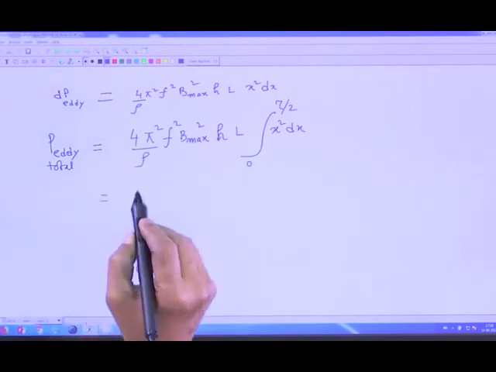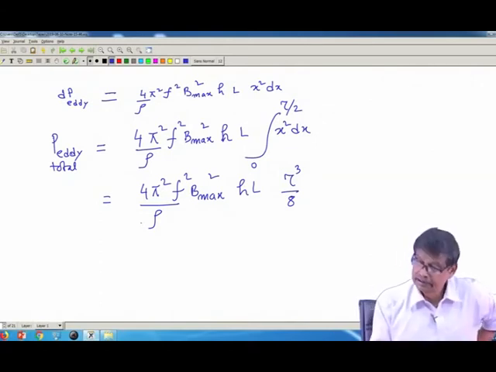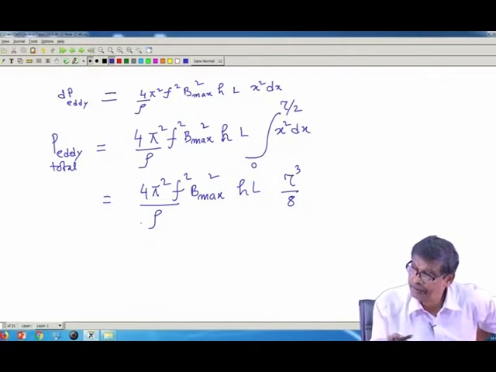So, the next step is straightforward. What you do, 4 pi square f square b max square h L x cube by 3. So, it will be tau cube by 8 minus 0, and this is by rho. Is that correct? Into 1/3 x cube by 3 into 1/3.